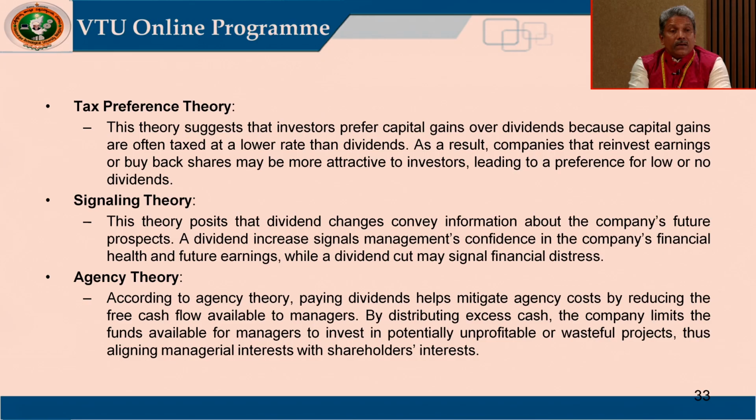Another theory, signaling theory. What this signaling theory says is, in any year, if a company fails to pay dividend, or pays dividend lesser than paid in the previous years, then it shows a signal among the public that the company is not performing well.